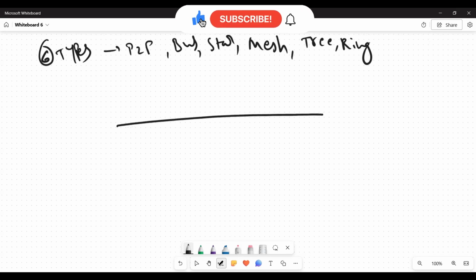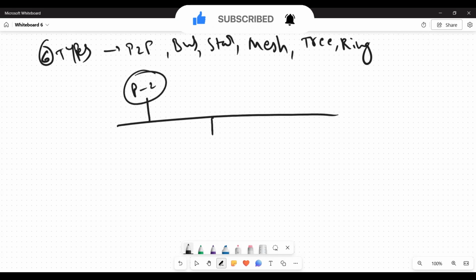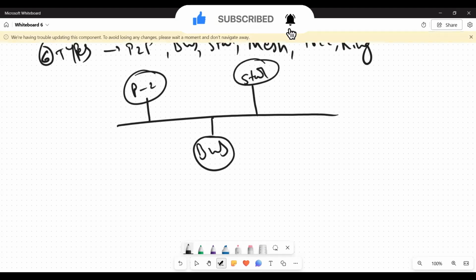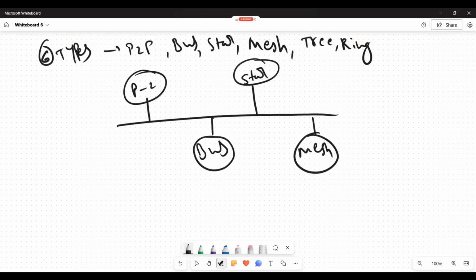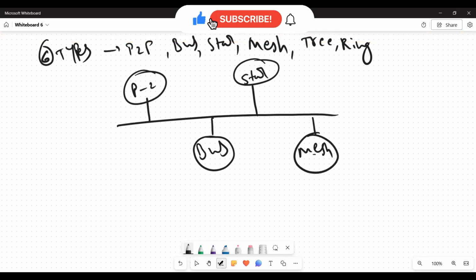So there is a line here. Here P2P transfer is occurring, here a bus topology is connected, here a star topology is connected, and here some mesh topology has been connected. This is one type of topology, this is one, there are four types.